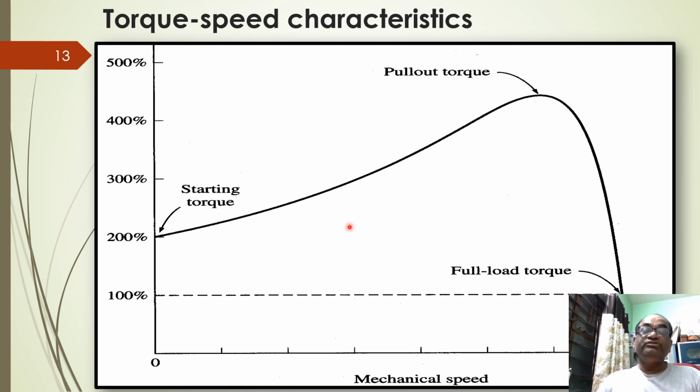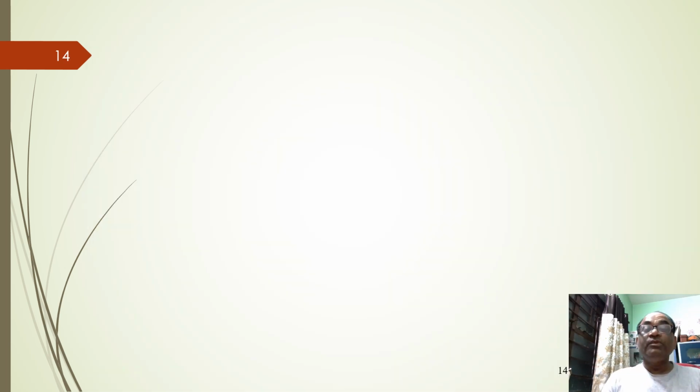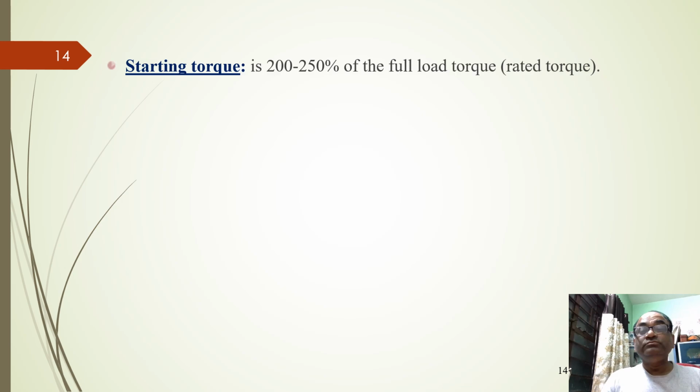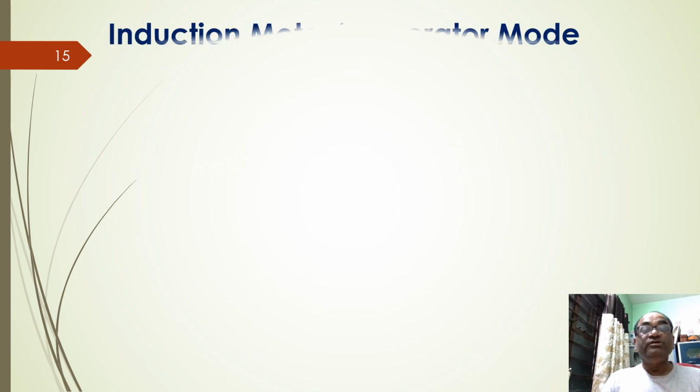If you add resistances, the pull-out torque or the maximum torque or the breakdown torque remains the same. It is not going to affect the maximum torque if you are adding resistance in the rotor circuit. Same thing is written here.